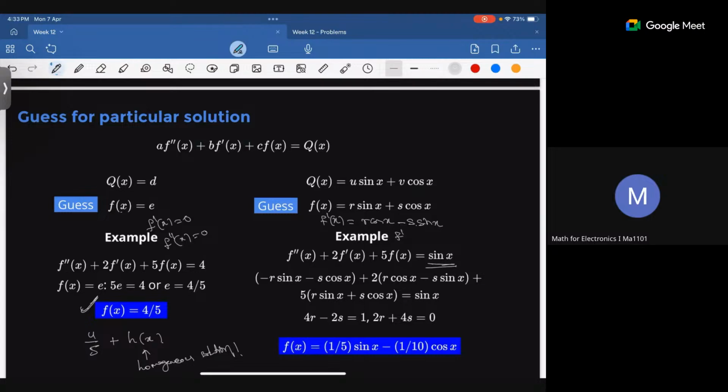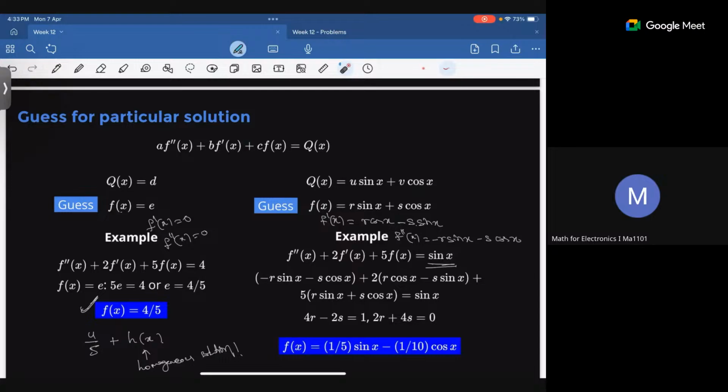F double prime will be minus r sin x minus s cos x. Here I substitute: f double prime of x, minus r sin x minus s cos x, plus 2 times r cos x minus s sin x, plus 5 times f of x, which is r sin x plus s cos x, equals sin x.